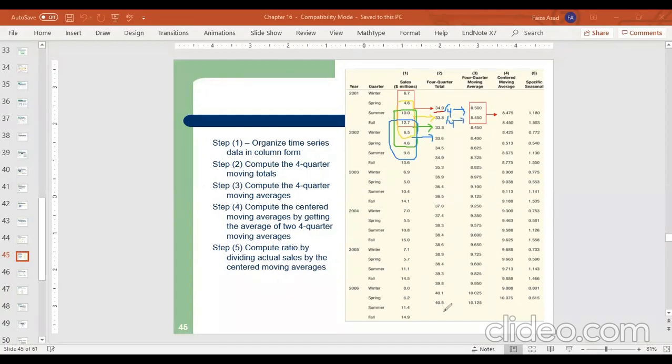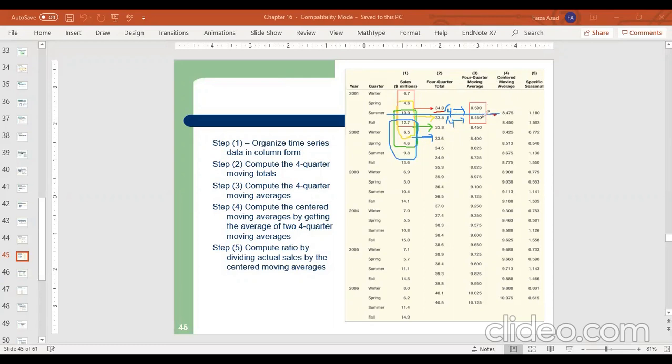This column will be divided by 4 because we are using the 4-quarter total. Now we want the value right in front of the particular quarter. So this is the summer, and we want a value at the middle of these 2 points. So then we will do a centered moving average. For the centered moving average, we again use a moving average for this purpose.